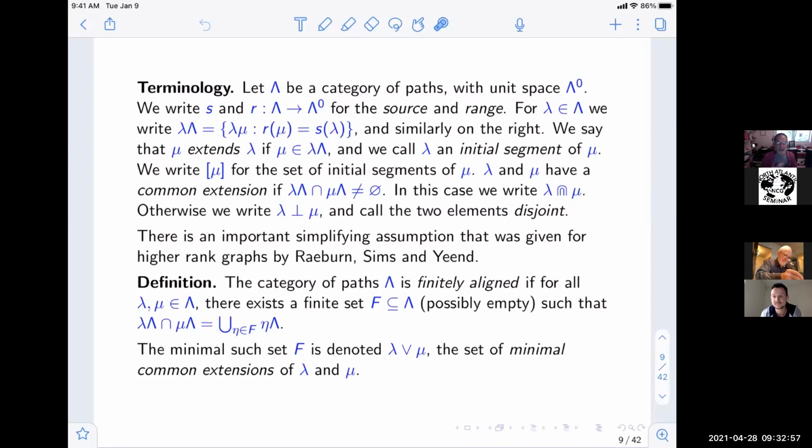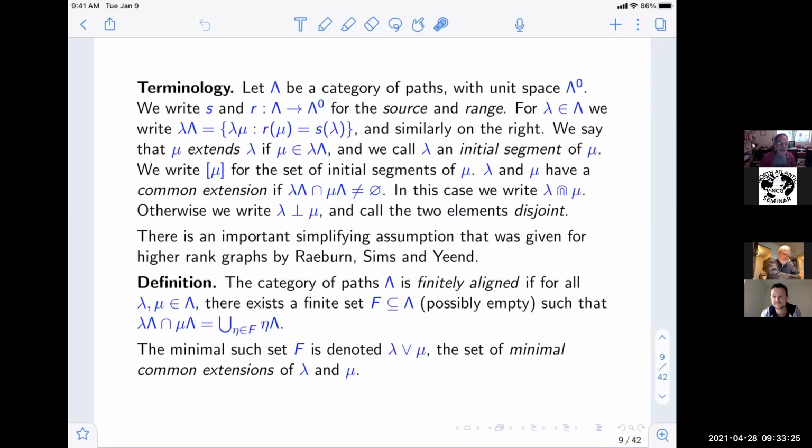So we say that the category is finitely aligned if, given any two elements, lambda and mu, there's a finite subset F of the category, so that all common extensions of lambda and mu are extensions of one of the elements eta from the set F. And then there must be a unique minimal such set F of elements eta.